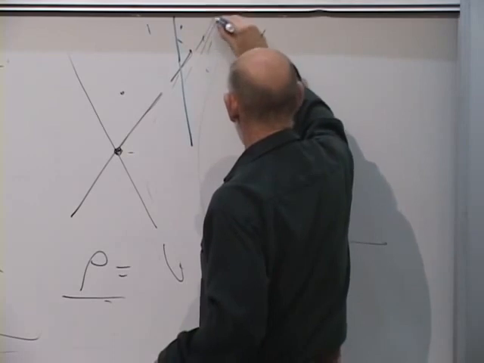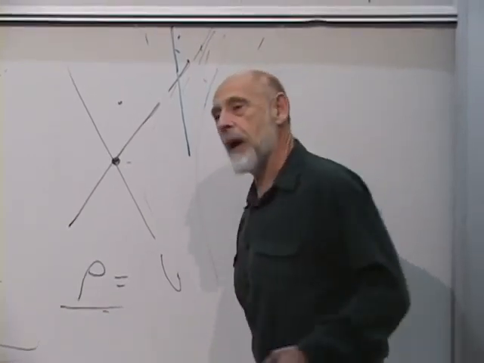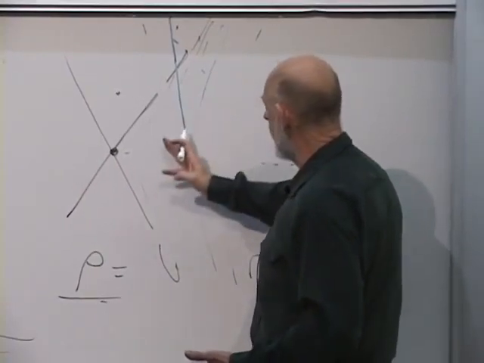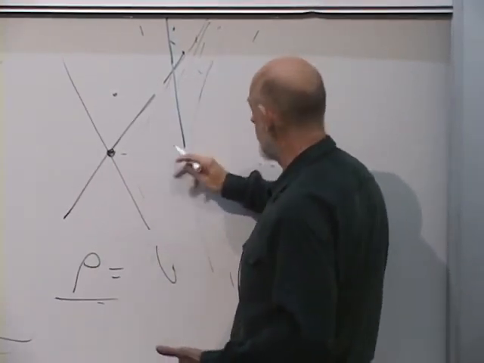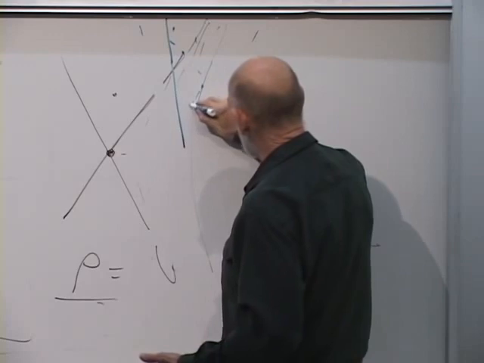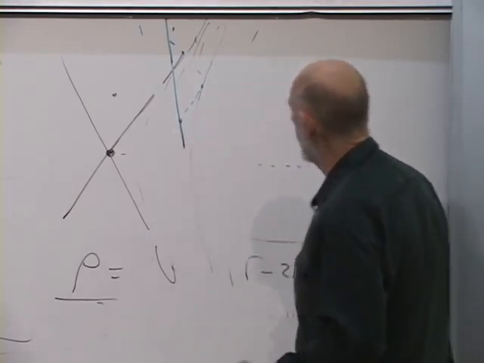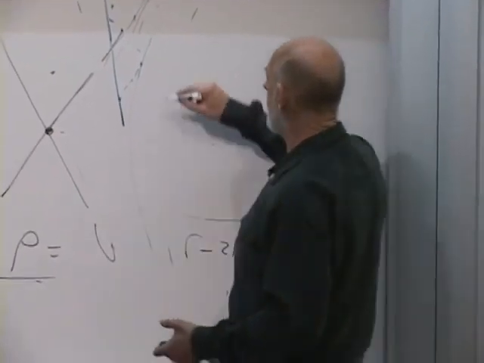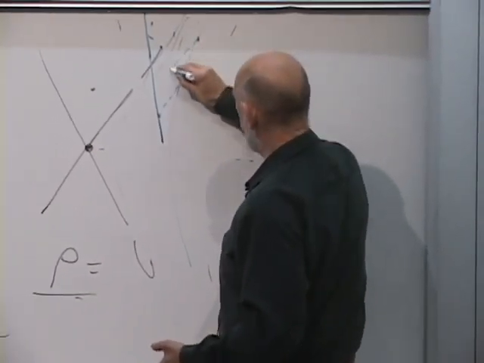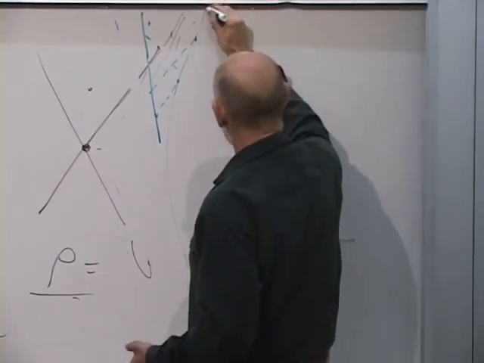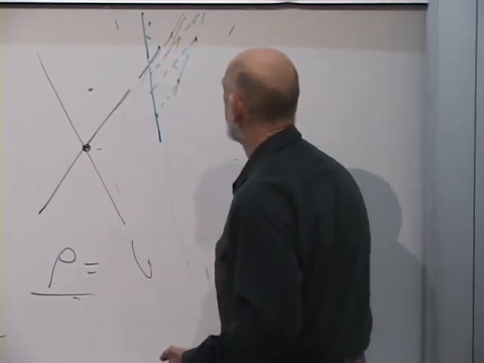So let's see what Bob can see. Here's Bob. What Bob can see is light coming to him along these light cones. So when he's over here, he sees Alice over here. Alice is waving to him over here. You go a little bit further, he sees Alice over here. Go a little bit further, he sees Alice over here.